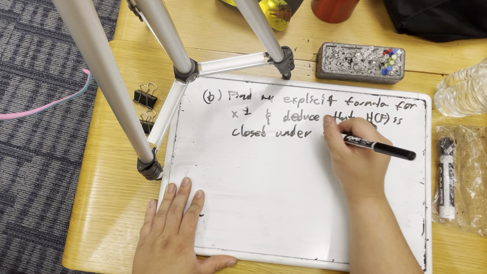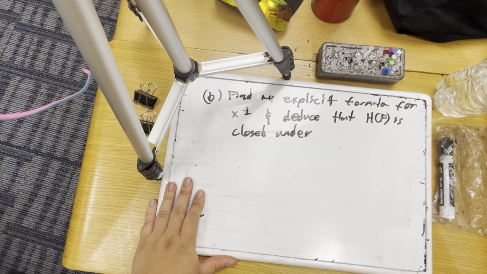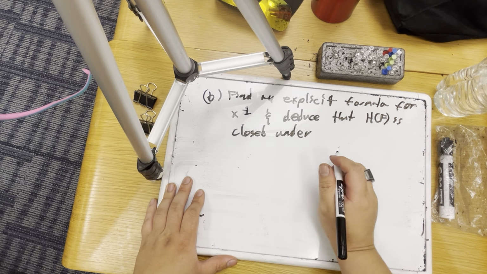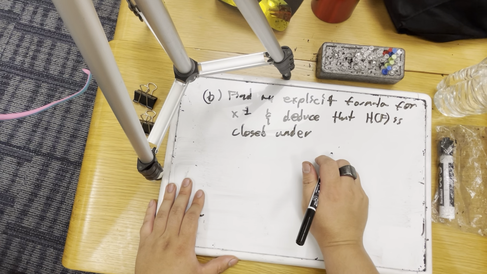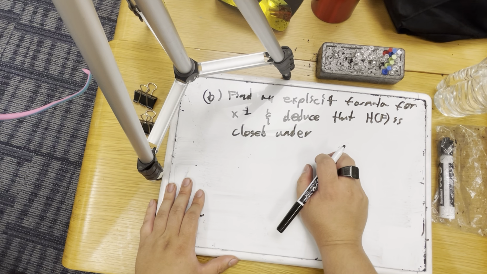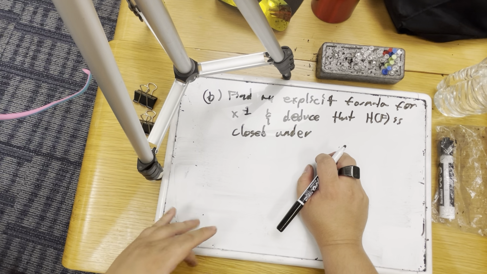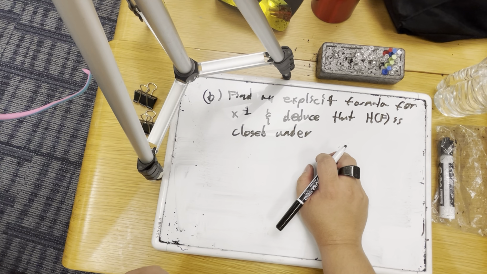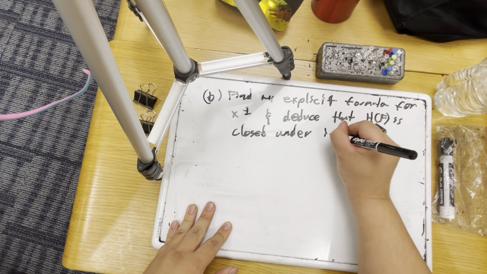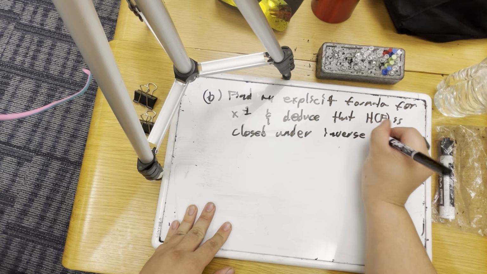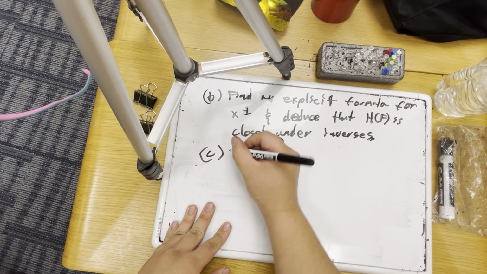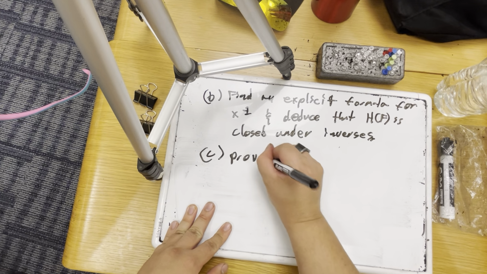So this is basically most everything we did for the previous problem specified to 3 by 3 matrices. But there's some interesting things that go within that specific difference, right? So I'll just continue along and list these different parts, and you can see the difference there. So, closed under inverses. And C, prove the associative law.